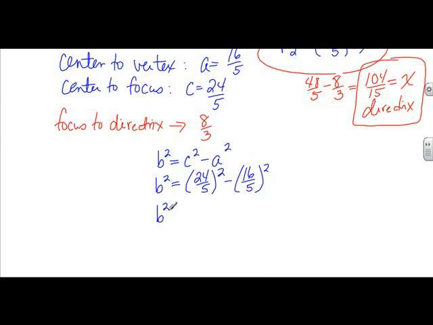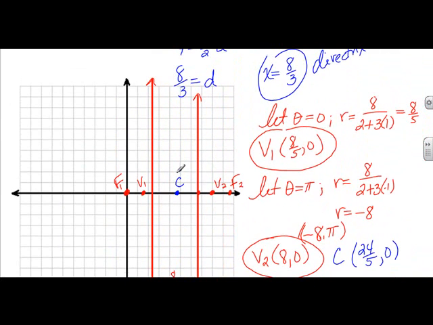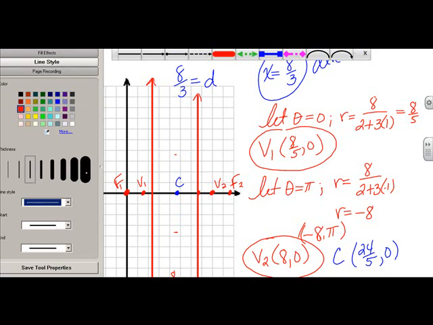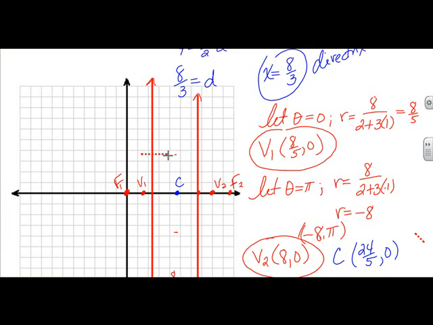This tells me how tall our box is. So from the center point I count 3.6 units up and down. And now I'm going to draw in the box.